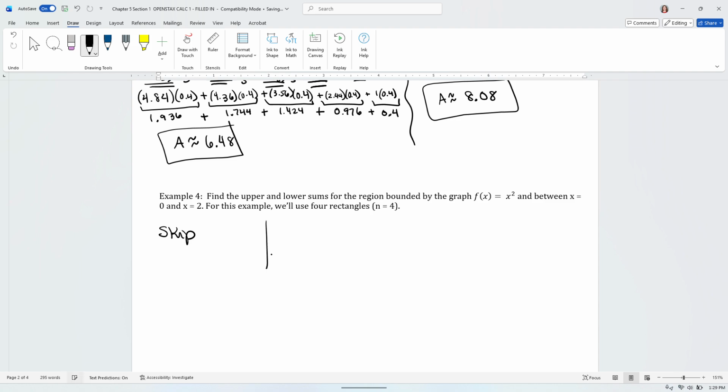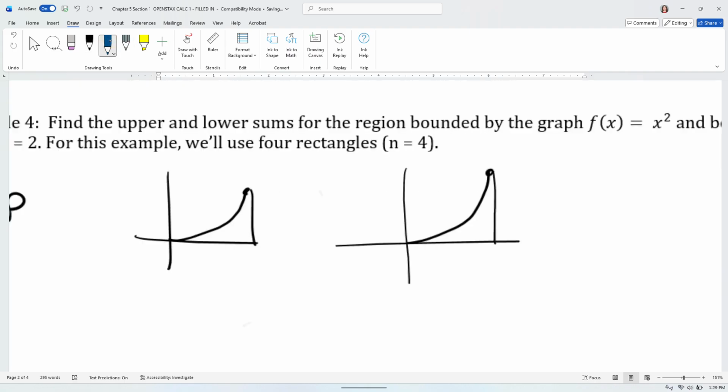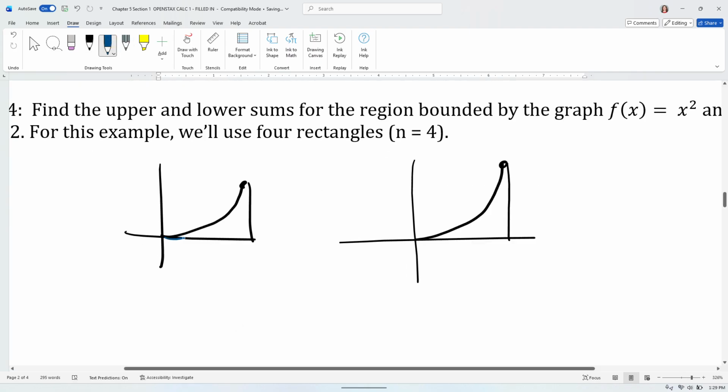But if we think about this though, 0 to 2, if I'm going to underestimate it, underestimating, we'd have to use the left corner.